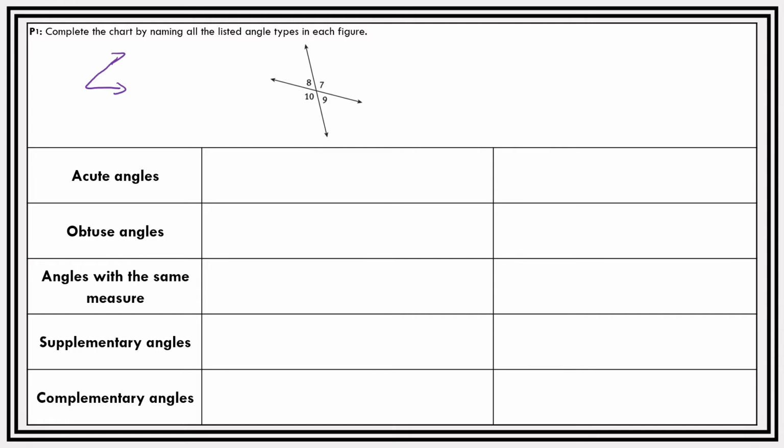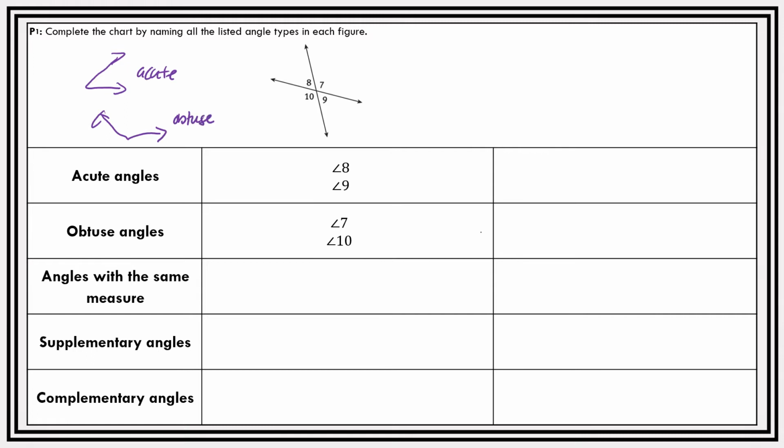In this one, it looks to me like the only acute angles are angle 8 and angle 9. Now the obtuse angles, angle 7 and angle 10, are going to be our obtuse angles, because remember, an obtuse angle looks like this. So this is acute, obtuse.